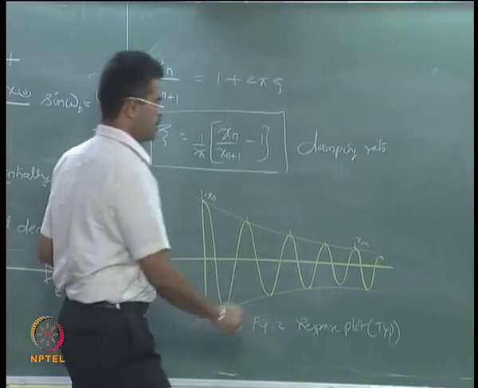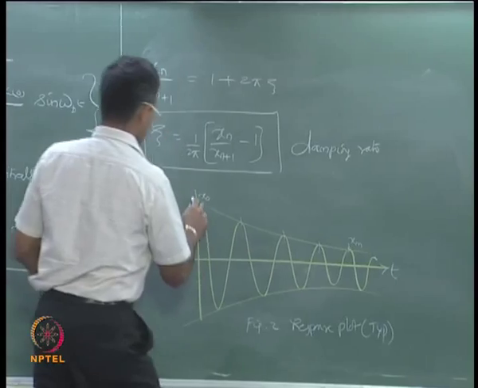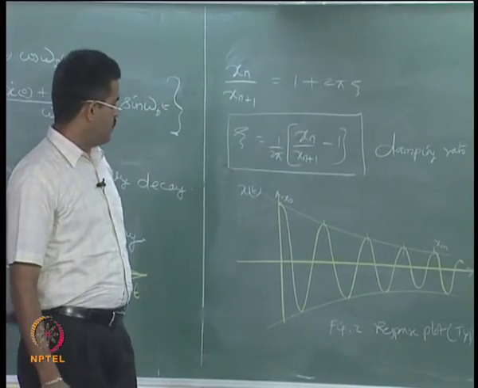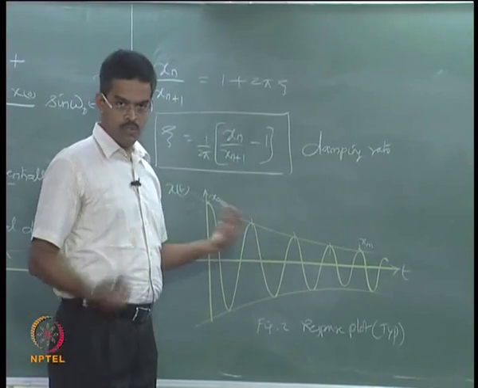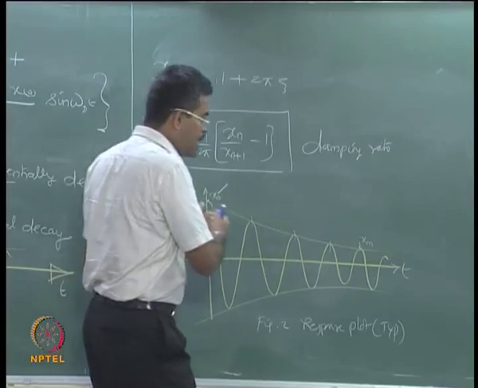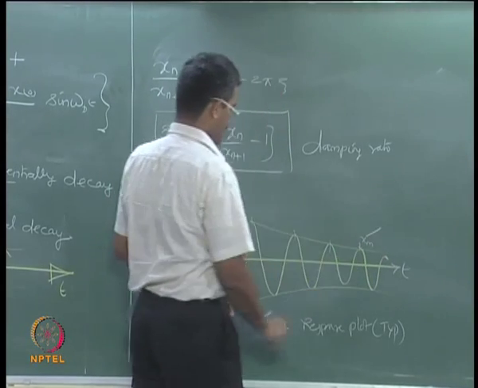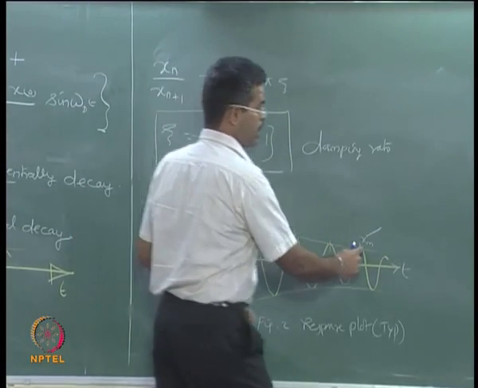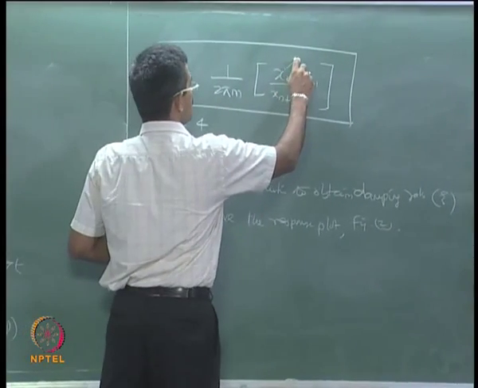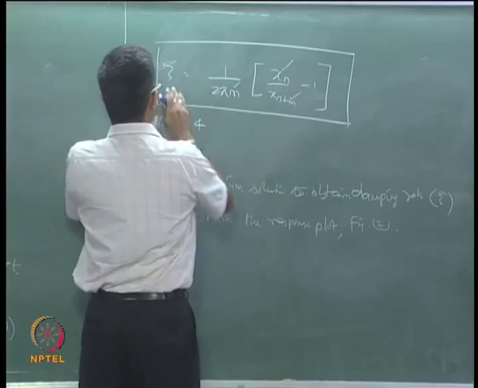If we have a response, this is t, this is x of t. If you have a response plot as shown in figure 2 with me, I know this value, I can pick up any peak down the line, let us say xm, I count the successive peak number, substitute in this equation, I know everything here, I know this, I know this, I know this, I will get zeta.